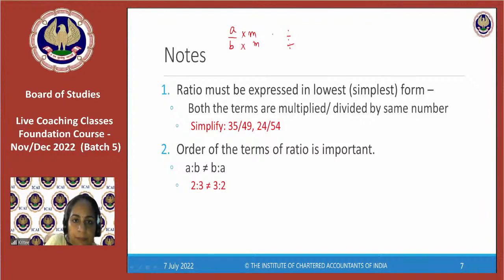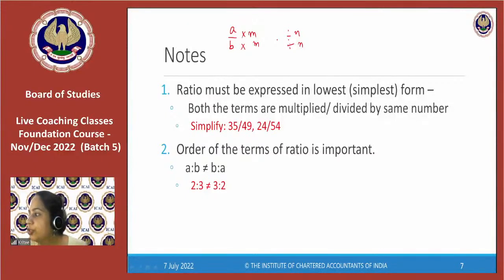If I multiply or divide the numerator and denominator both by the same number, then the ratio remains intact. It doesn't get affected. The value doesn't change. So what we must do is bring down the ratio to the lowest or simplest form, and to do that we may multiply or divide the ratio by the same number.